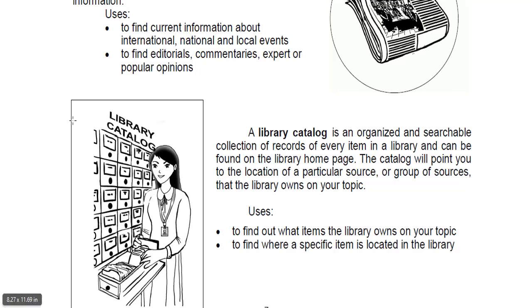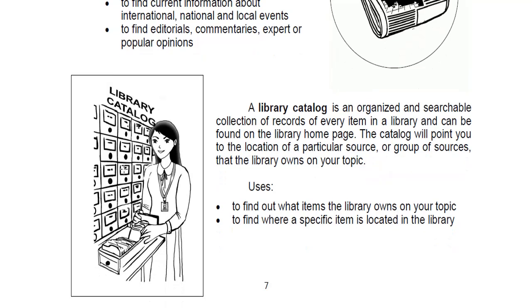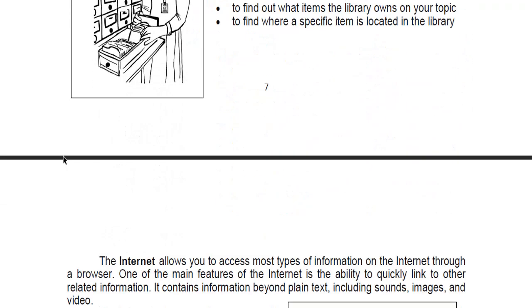This library catalog is almost the same as the table of contents, because it contains a collection of records of every item that you can find inside the library. The use of this is for you to find easily what book you are looking for. So that is the use of the card catalog or library catalog.